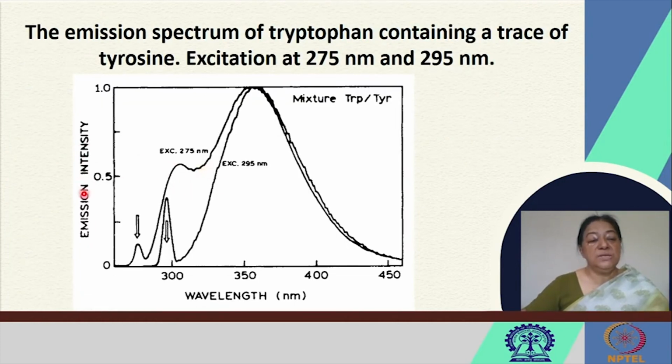So the emission intensity that we observe is going to be a mixture of tryptophan and tyrosine. So the common method is to excite the protein at 295 nanometers so that we do not see any interference from the tyrosine residue.